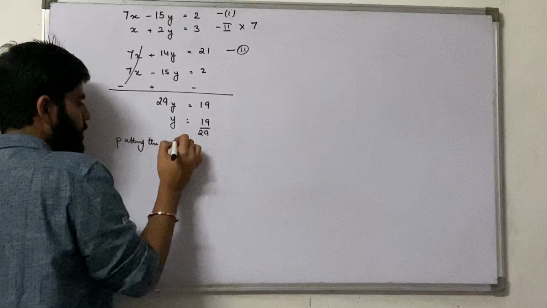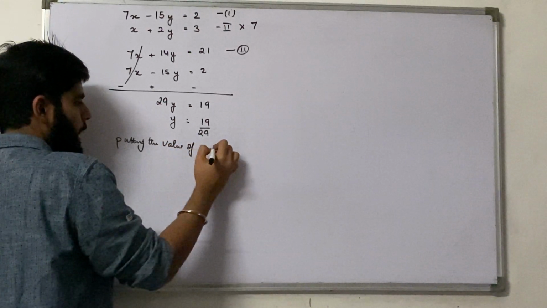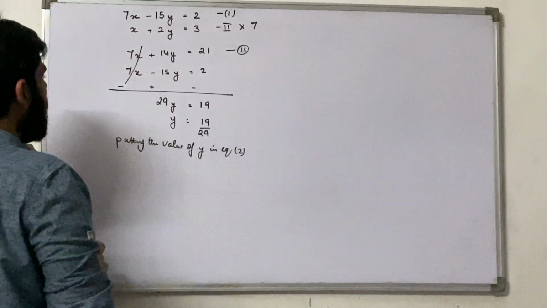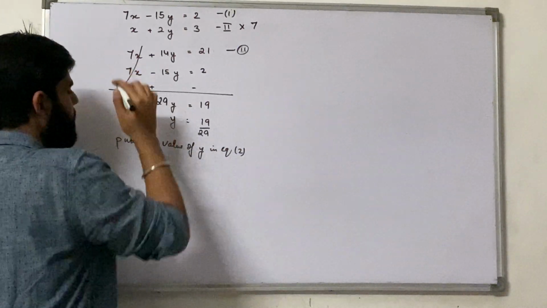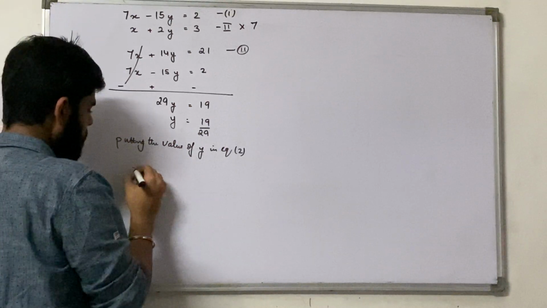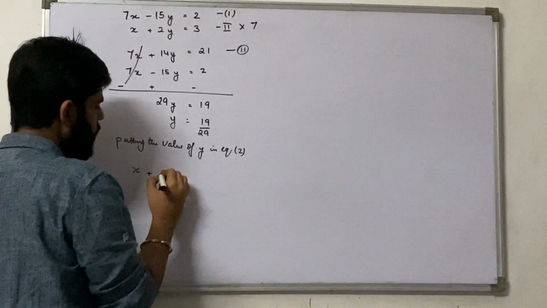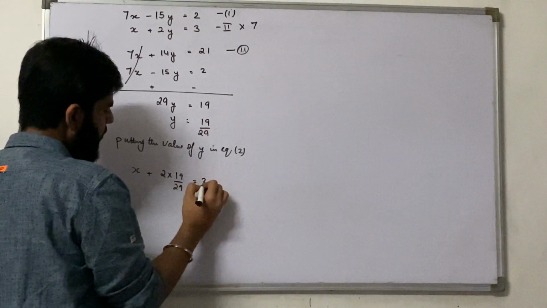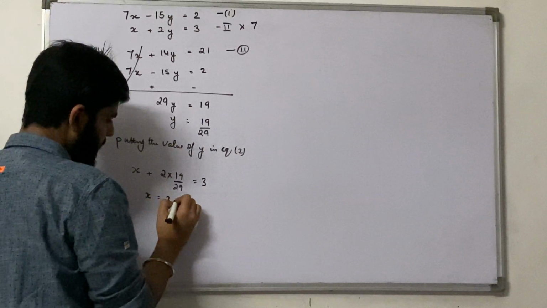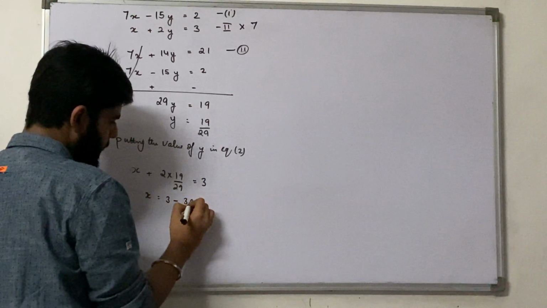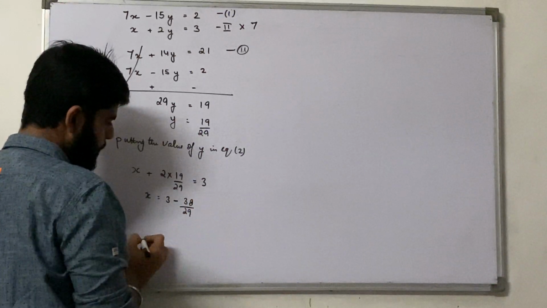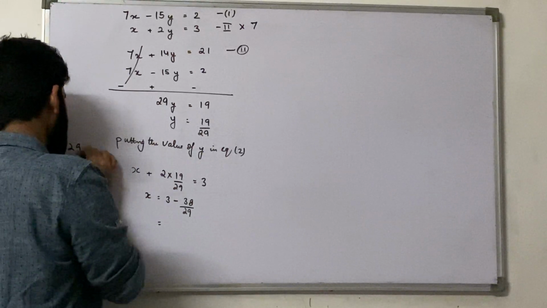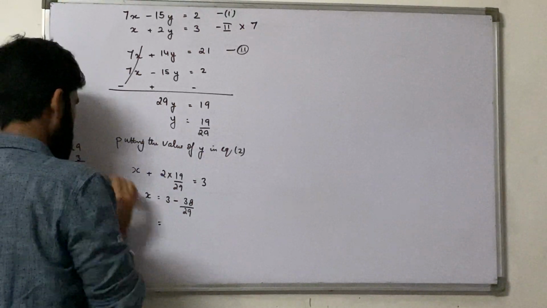the value of y in equation 2. Whenever we put the value of y in equation 2, this comes out to be x plus 2 into 19 by 29 is equal to 3. x is equal to 3 minus 38 by 29. 29 into 3 is 87.